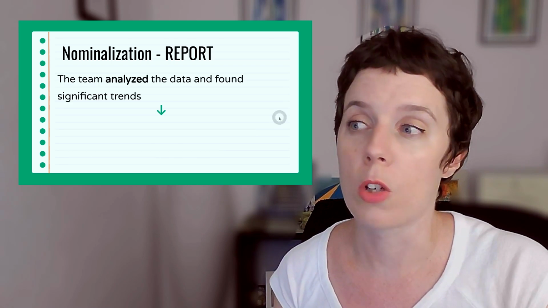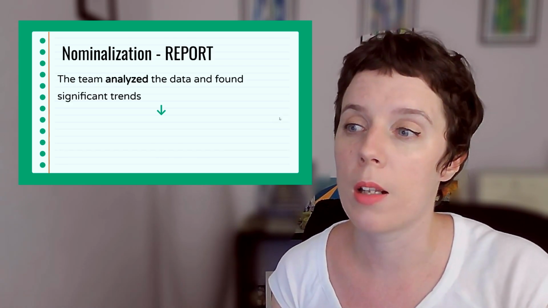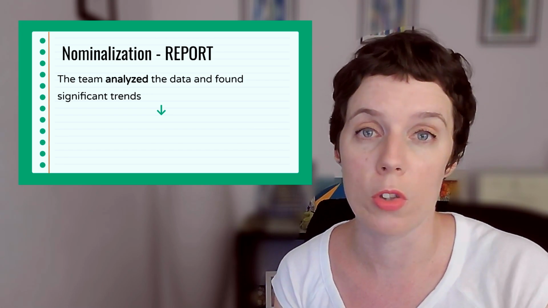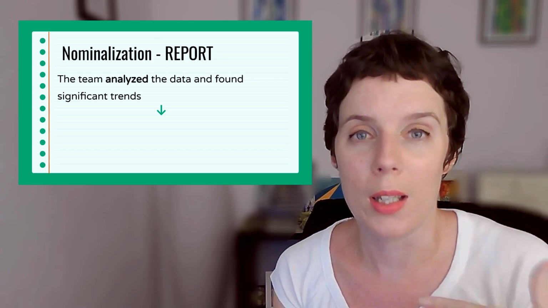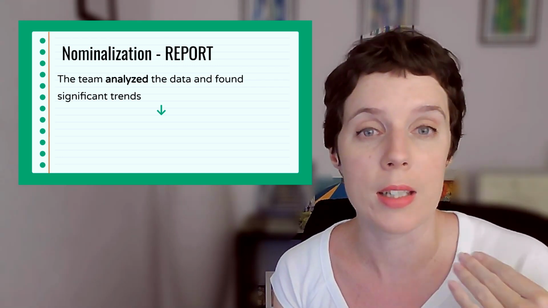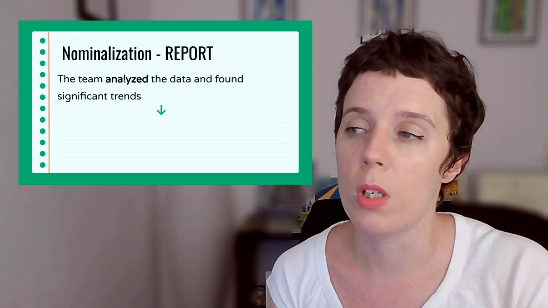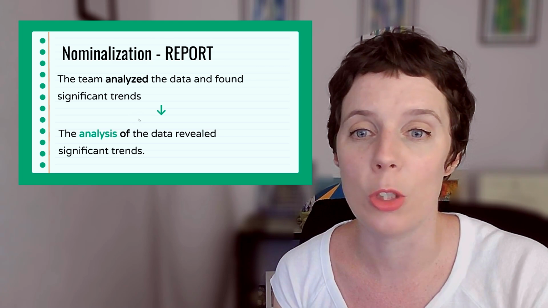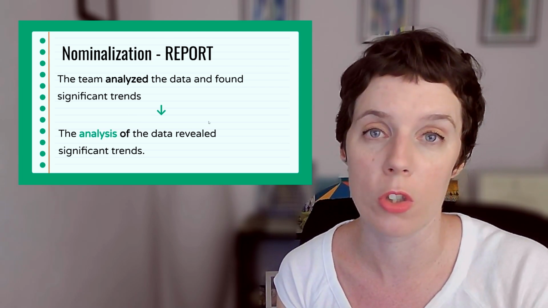Okay, I'm going to show you another example of a report. "The team analysed the data and found significant trends." This isn't too informal, but you could, again, just make it a bit more formal to sound more academic, more informative. So if we change analyze to analysis: "The analysis of the data revealed significant trends."